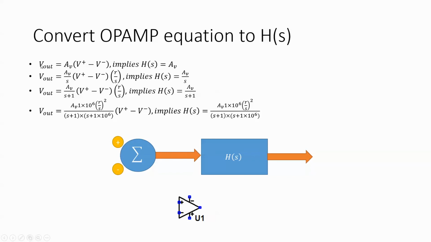So if you use your equation, V out equals open loop gain times the difference of the input voltages, that means the transfer function of the op-amp is simply A_V. If we're using the ideal integrator model, it just becomes A_V divided by s. And so really you can right away see that these factors over here just become the transfer function.